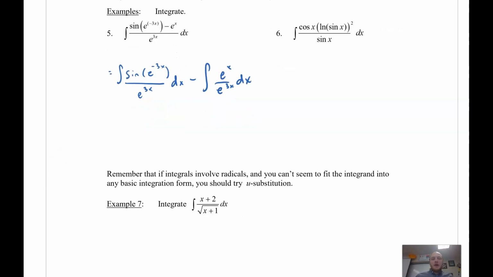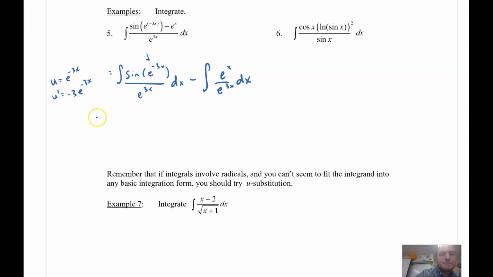Okay, so now why was this beneficial? Well, if we look at the left side, if I treat my interior right here as u, so u is e to the negative 3x, then u prime is going to be negative 3e to the negative 3x. And I notice I have my e to the 3x in the denominator.